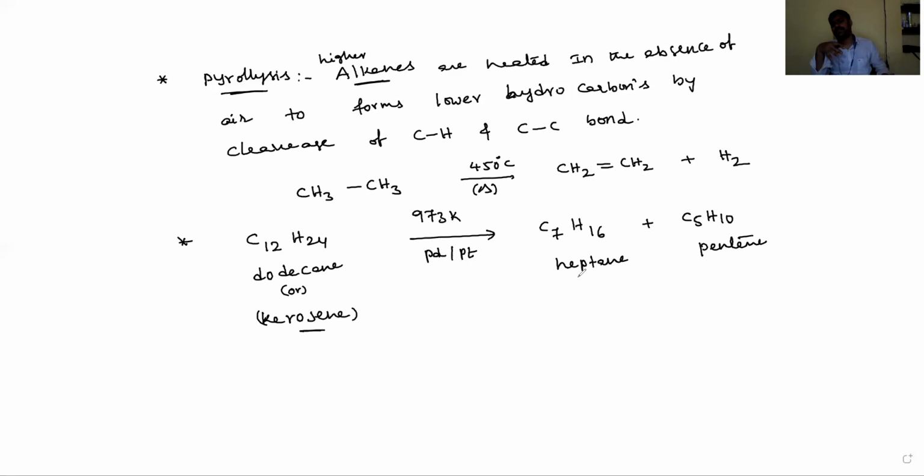The main important chemical properties of alkanes are free radical substitution reactions, that is halogenation, nitration, sulfonation. Another important thing is oxidation: complete oxidation, that is combustion, incomplete combustion, and controlled oxidation, then isomerization, aromatization, and pyrolysis.